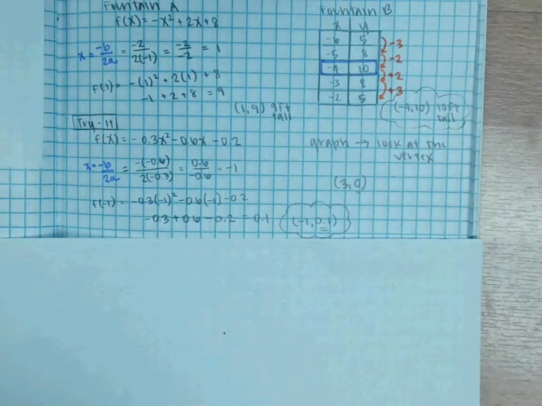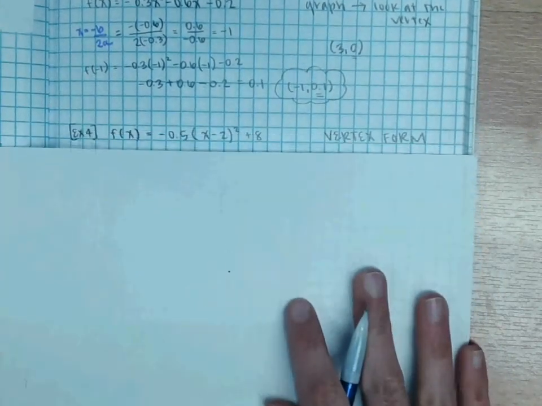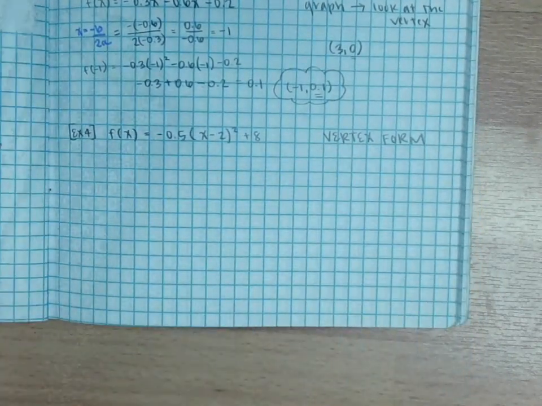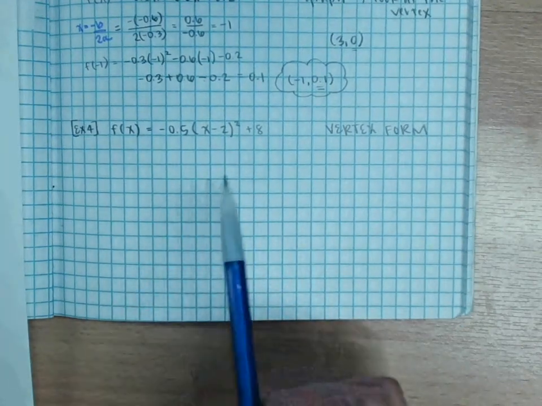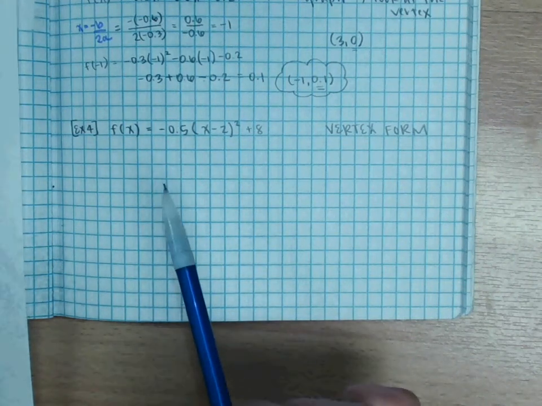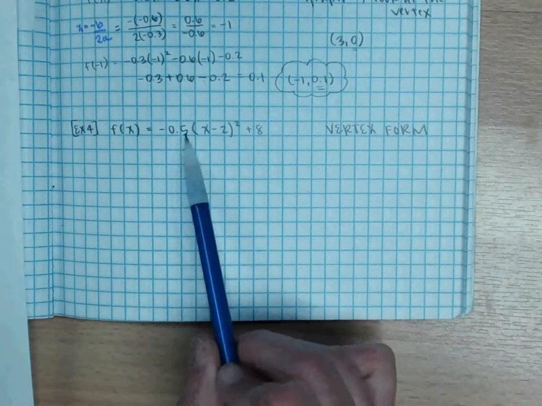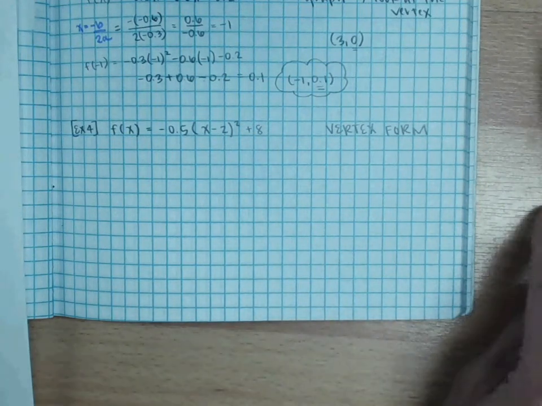So sometimes it's the height of something, sometimes it's the depth of something, depending on what kind of function we have. Now, the next example was Mia, and she was throwing a ball for her dog, and basically they gave us the function of the trajectory of the ball, and it was negative 0.5 times the quantity x minus 2 squared plus 8.